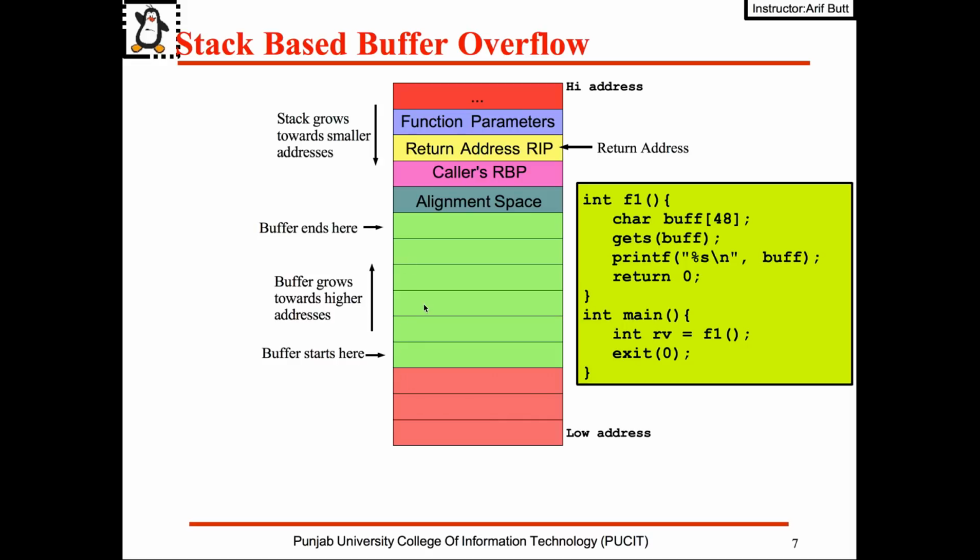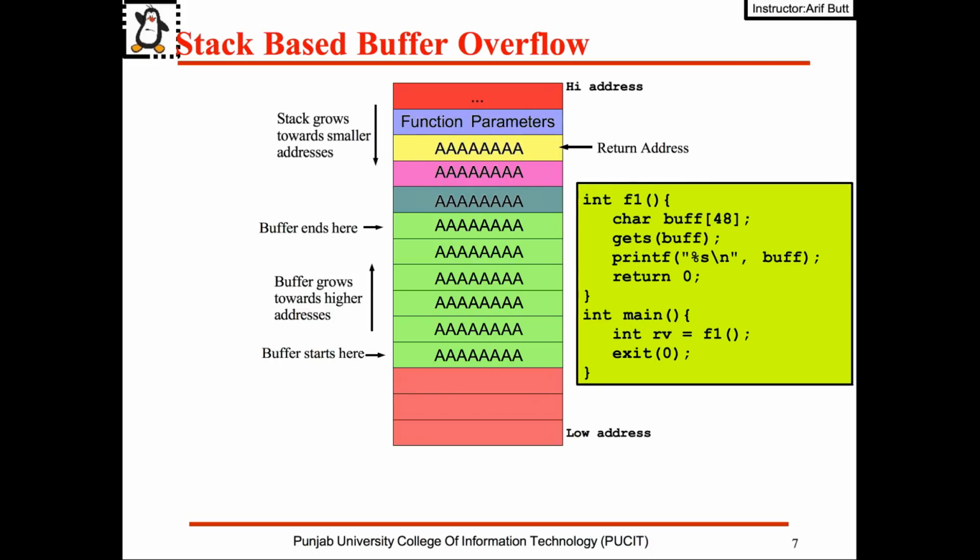Now let us suppose that the user starts entering data, which is written inside the buffer. But instead of writing just 48 characters, he or she enters more characters in the array, which start overwriting the existing contents of the stack. And finally, they may overwrite the return address as well.